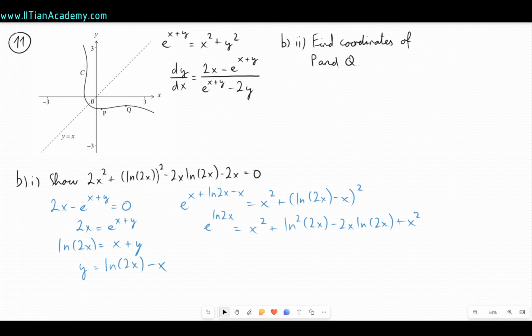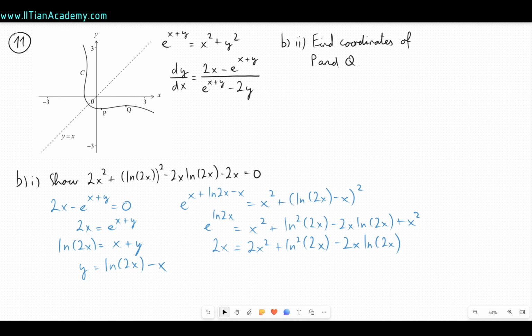And then we know that this term will simply be 2x, as e to the ln something is just that something. So we have 2x over here, and this is still equal to the same term. We can combine these x squared terms. So we have 2x squared plus ln squared 2x minus 2x ln 2x.